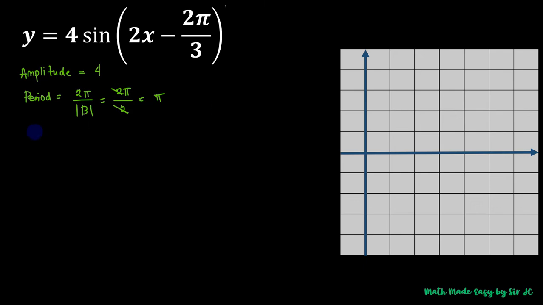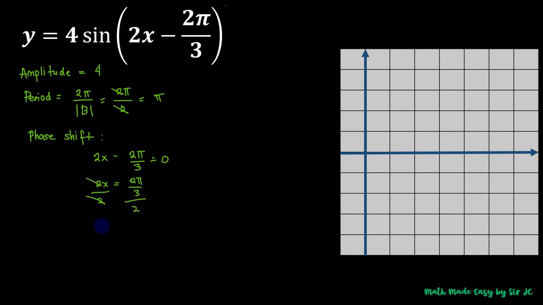Okay, so to solve for the phase shift, we need to equate this value to 0, then solve for x. So 2x minus 2 pi divided by 3 equal to 0. So you have 2x equals 2 pi divided by 3. Then divide both sides by 2.